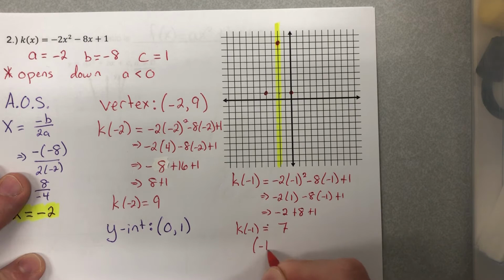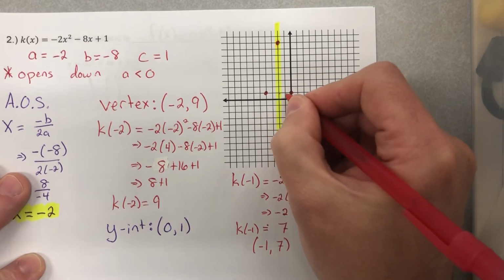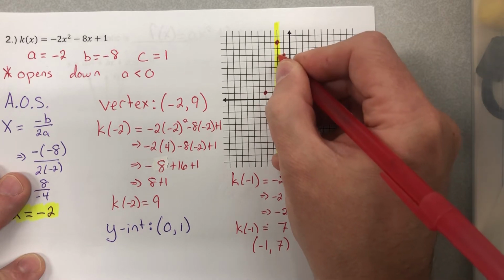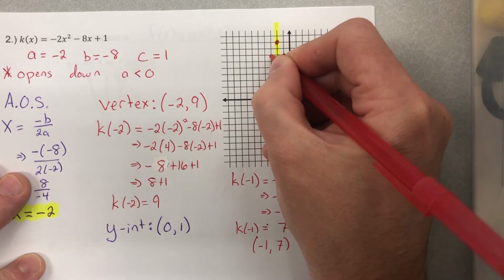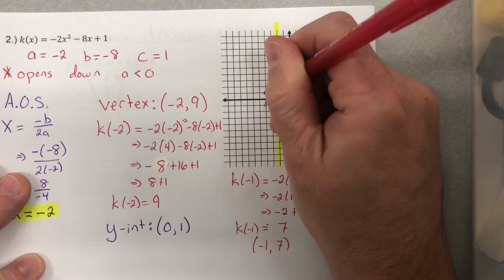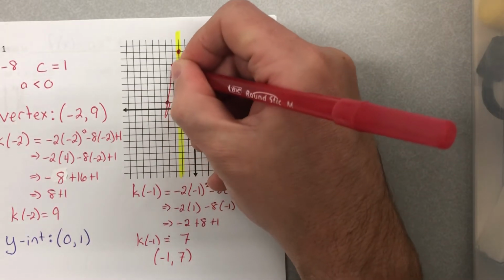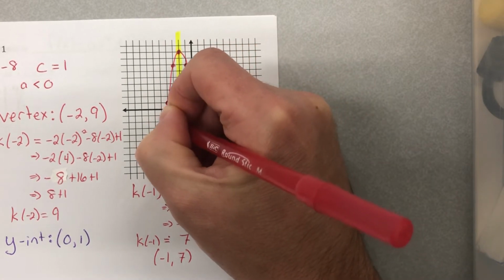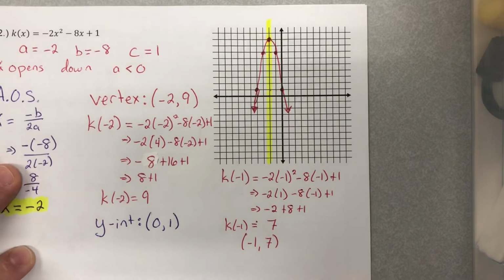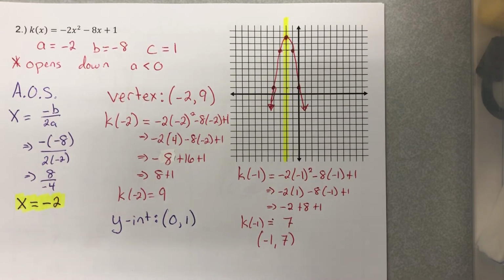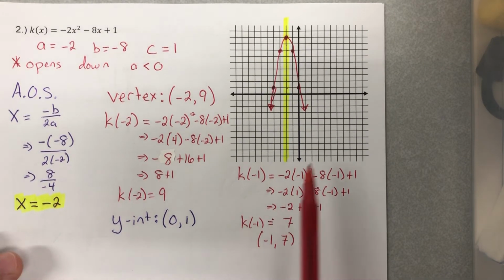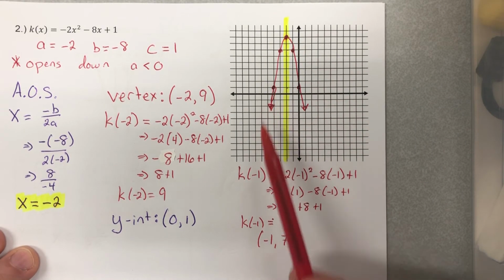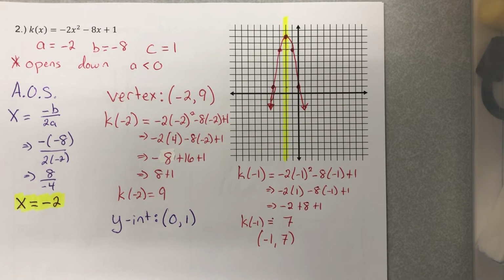So I'm also going to graph the point -1, 7. This point's 1 to the right of the axis of symmetry, so it'll also be 1 to the left. We then draw our curve. And there's our graph for example 2. Notice I only really used 3 points. I used the vertex and 2 points to the right. I reflect them to the other side to give me 5 points to be able to graph these things.